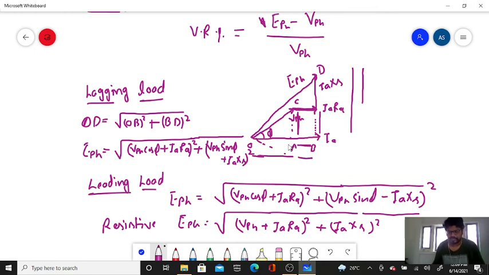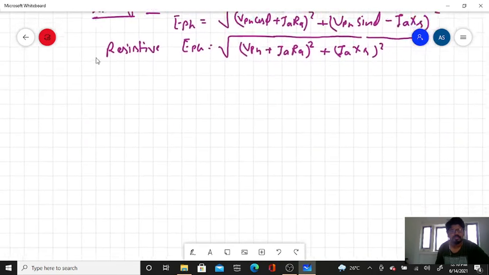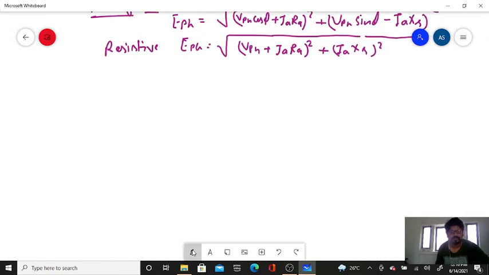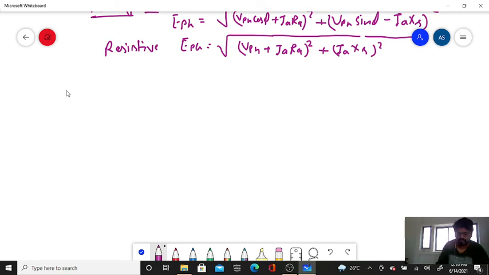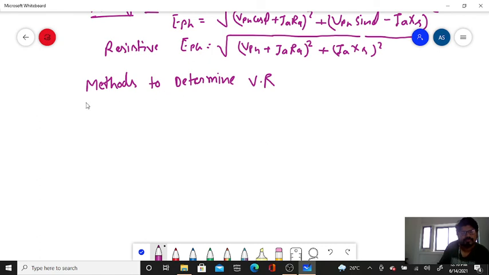Next, we have to determine this voltage regulation. There are a lot of methods to determine voltage regulation. Let's see the names of these methods. We'll discuss methods to determine voltage regulation.